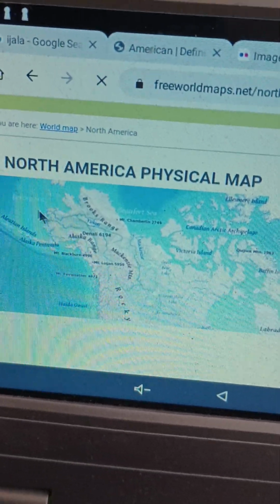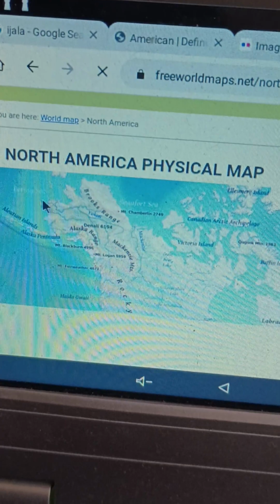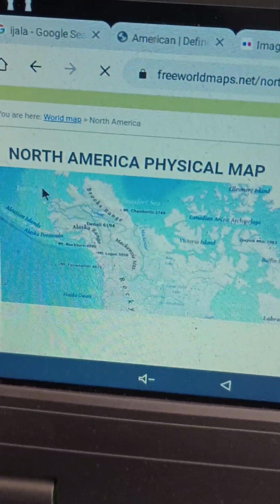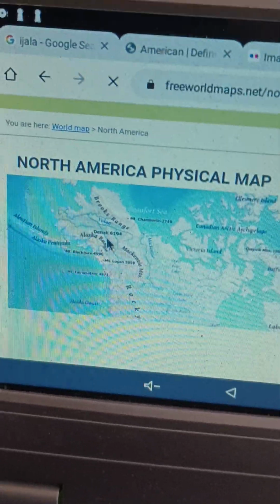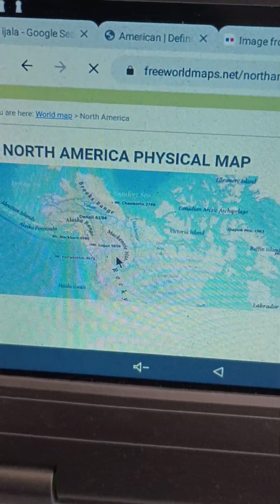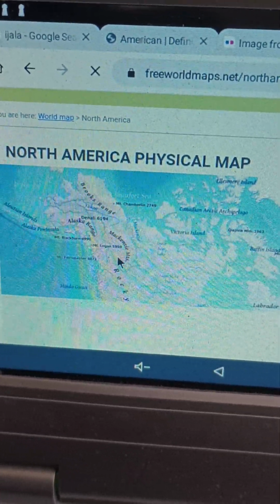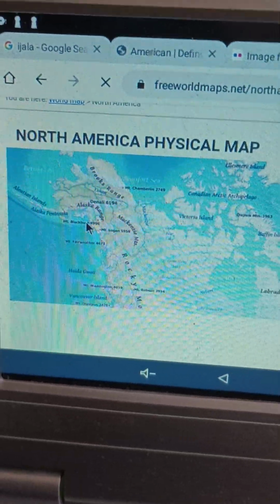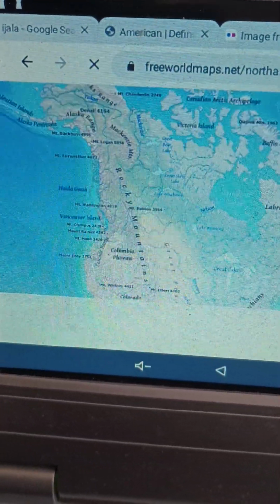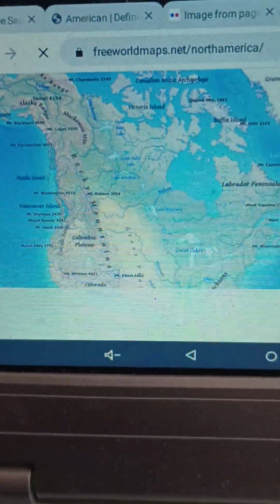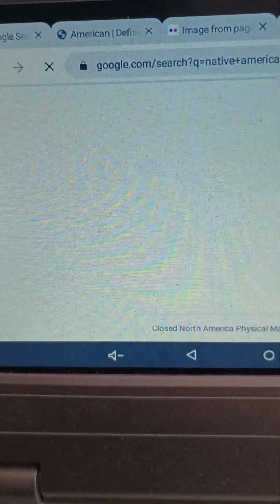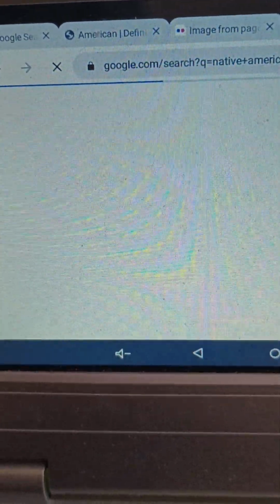What is commonly taught is that people from Siberia crossed over during the Ice Age to become the ancestors of Native Americans. So closing that out, going to Native American haplogroups.